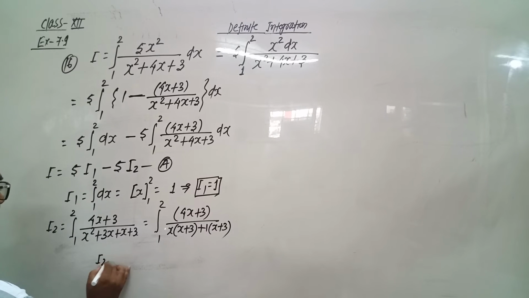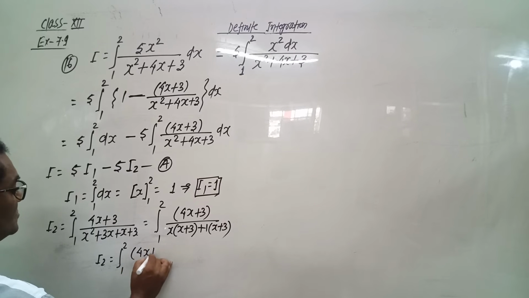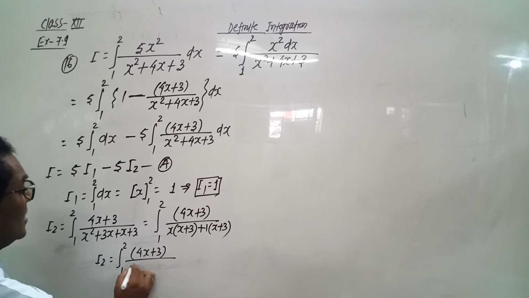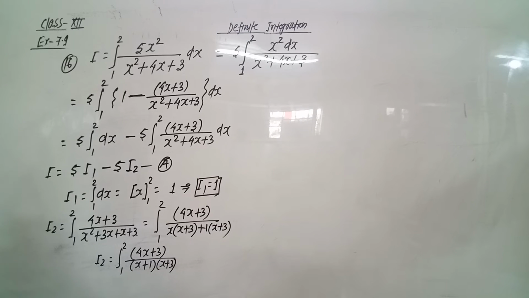So we get I2 equals integration 1 to 2, (4x plus 3) upon (x plus 1)(x plus 3).